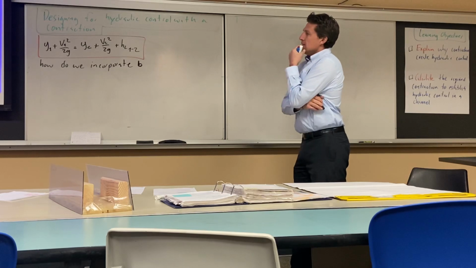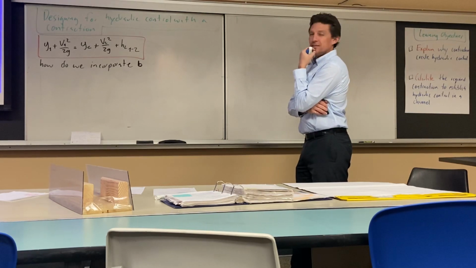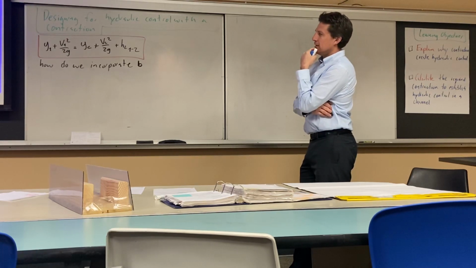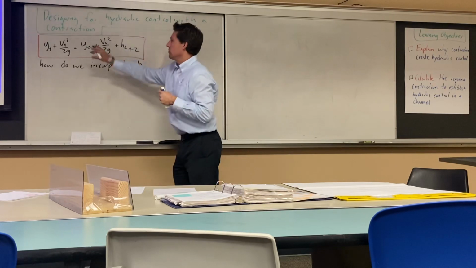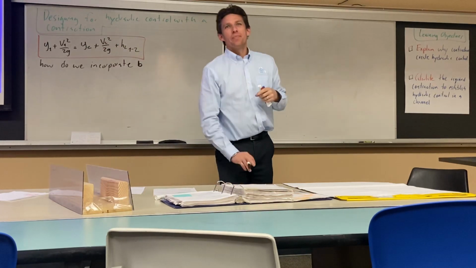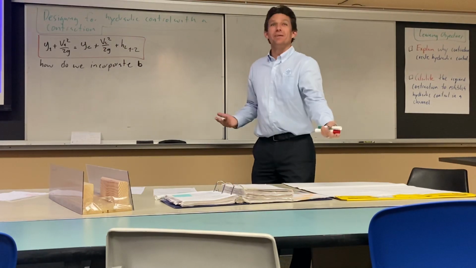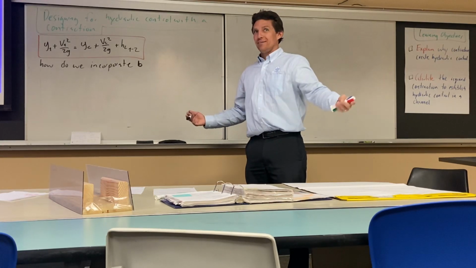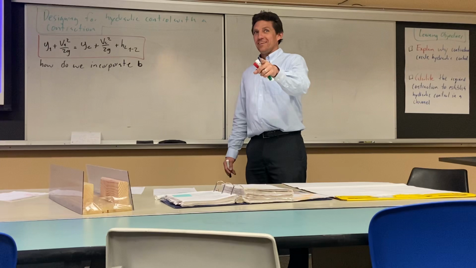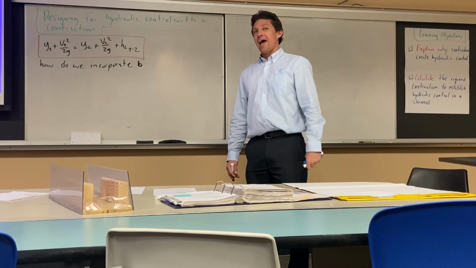Or a B1 minus B2? We could. What are we trying to get out of this whole situation? We're trying to solve for B. Yes, we're trying to solve for a B that makes what happen? Critical flow. Yes, exactly.